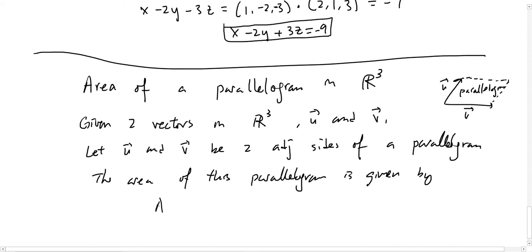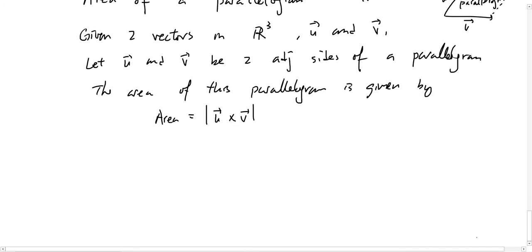The area of this parallelogram is equal to the length of the vector u cross v. So very interesting that the length, the magnitude of the cross product, not only represents the length of the perpendicular vector, but is also equal to the area of the parallelogram. Let me give you a very simple example.